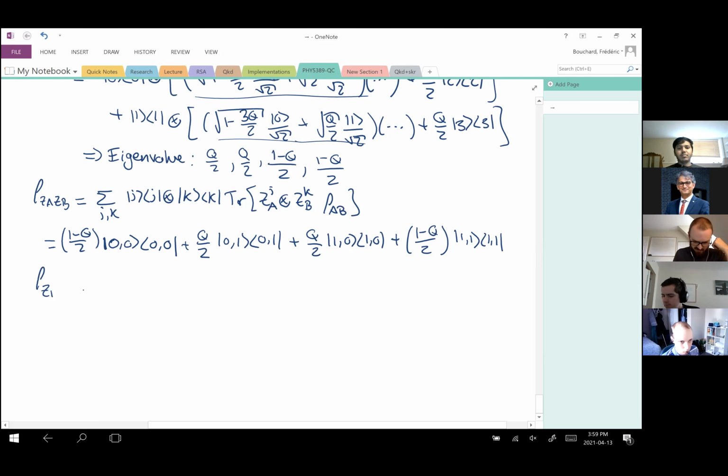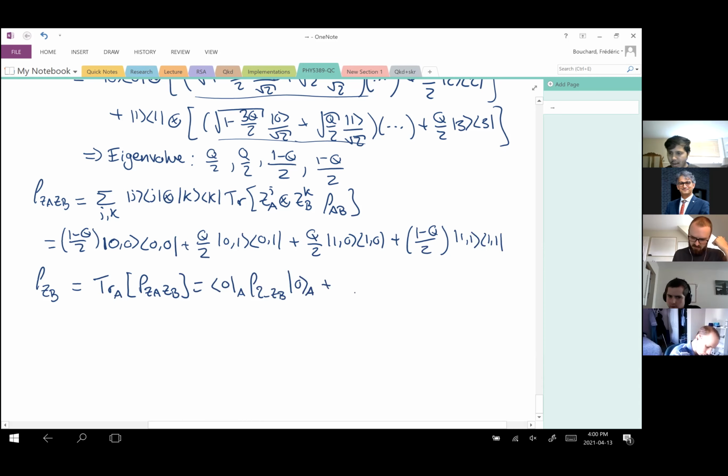Finally, the last one we need to calculate, I promise, is rho ZB, which, as you know now, you get by doing the partial trace over rho ZA ZB. First term, you'll get 1 minus Q over 2, 0, 0.